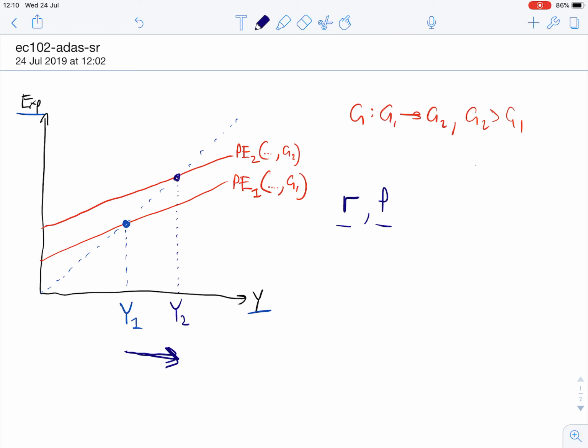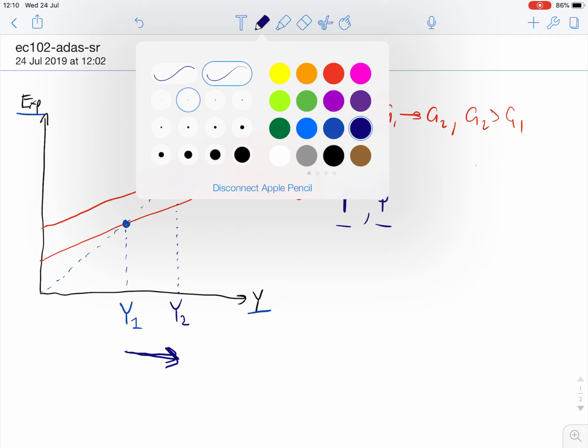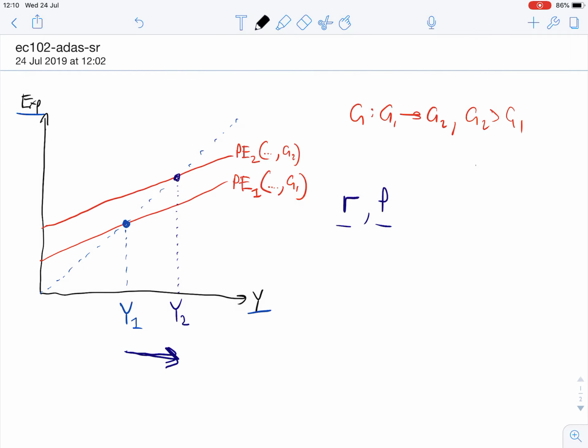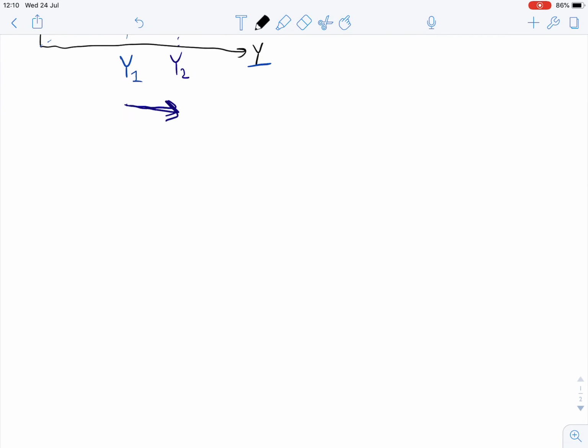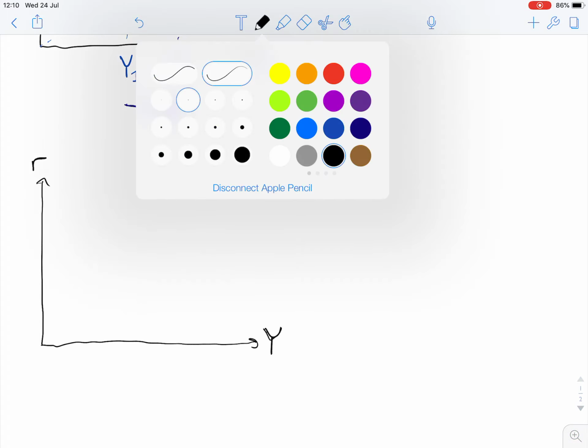Let's now move to our IS-LM model. The IS-LM model, again, has short-run output, Y, on the x-axis, and on the y-axis the real interest rate.